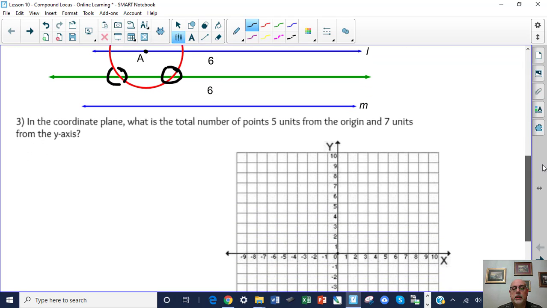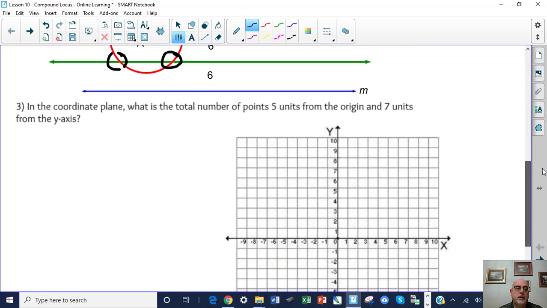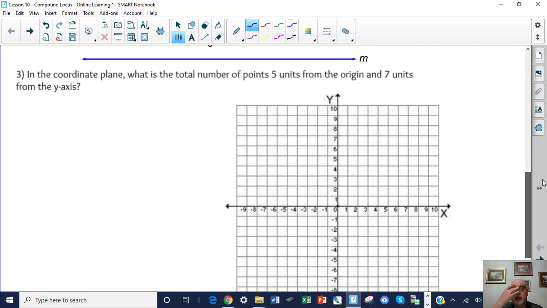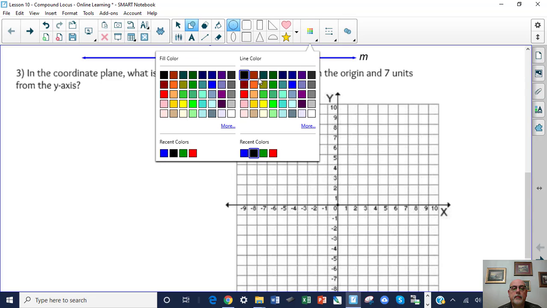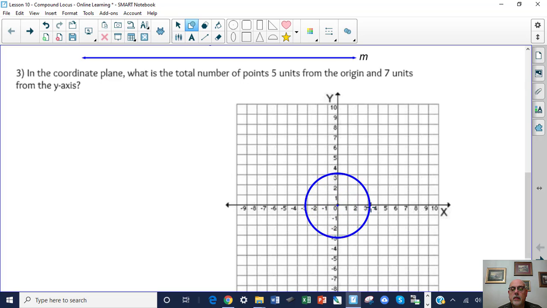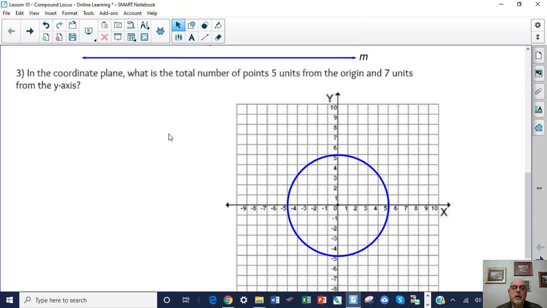Now let's take a look at what one looks like on the coordinate plane. The number of units, 5 units from the origin. Well, the origin is a fixed point, so we're going to respond to that with a circle with radius of 5. So there's the first locus. Now, we want to be 7 units from the y-axis.